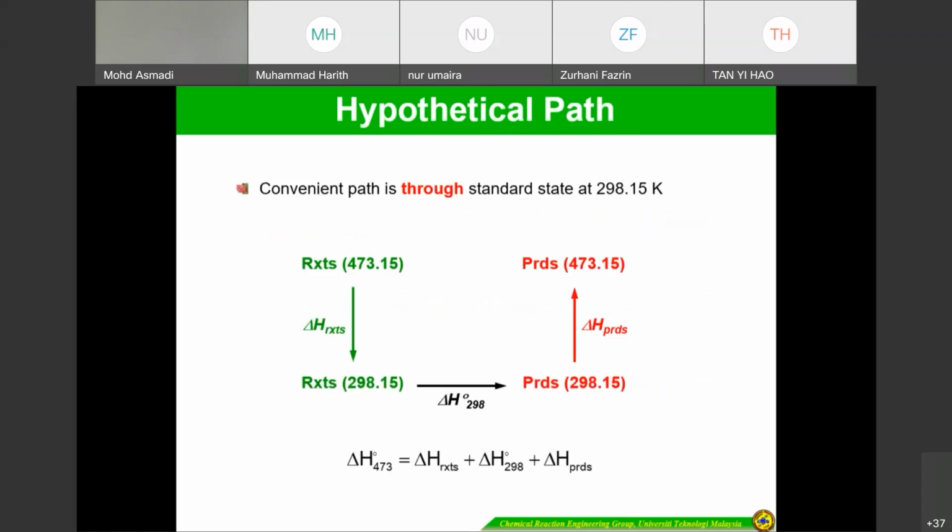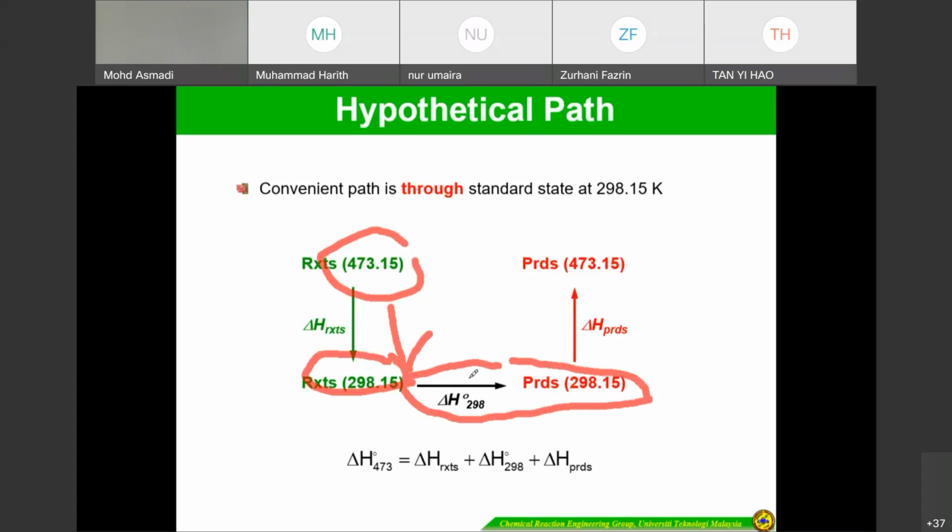The hypothetical path is the convenient way to calculate the change in enthalpy, because there is no information from the database or reference for the heat of reaction at 200 degrees C or maybe 300 degrees C. So you have to bring the system to the standard conditions, meaning from 473.15 Kelvin to standard condition.